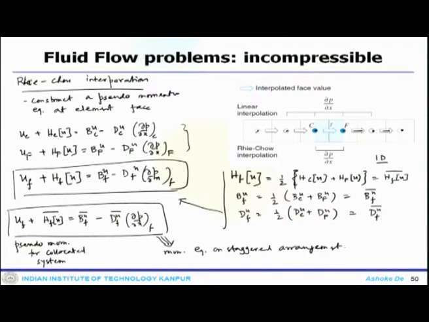By doing this kind of interpolation, we transform the equation system into one whose equations look exactly like a staggered arrangement.